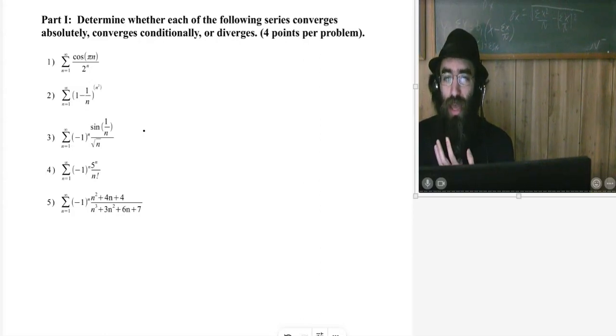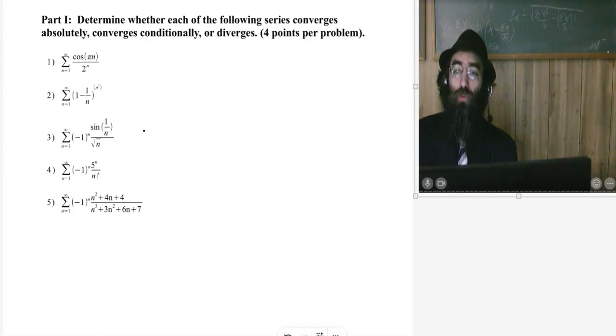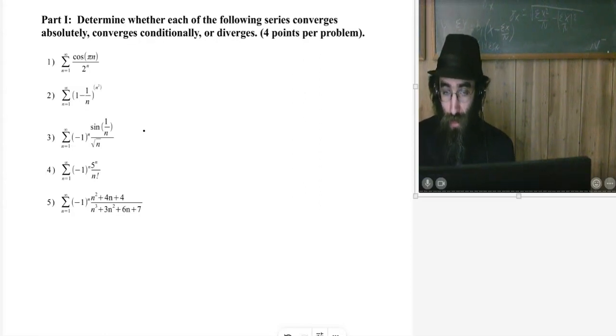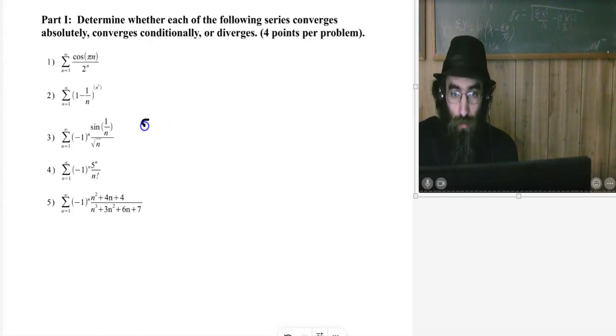And now you have to check absolute or conditional convergence. And this is where it gets a little harder. What you have to remember is that sine of a small angle is approximately equal to that small angle in radians. So you'd have sine of 1 over n is approximately equal to 1 over n.